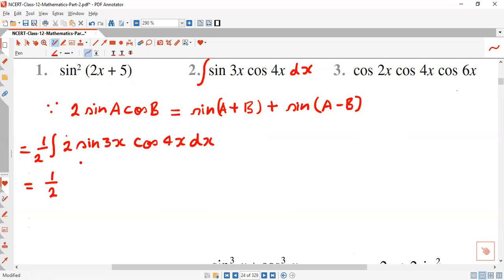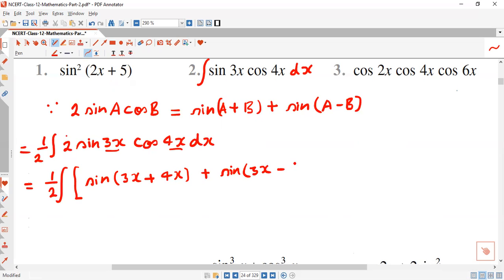Now we apply the trigonometric formula for 2 sine a cos b. Inside the bracket, a means 3x and b means 4x, so sine(3x plus 4x) plus sine(3x minus 4x), and the bracket closes.